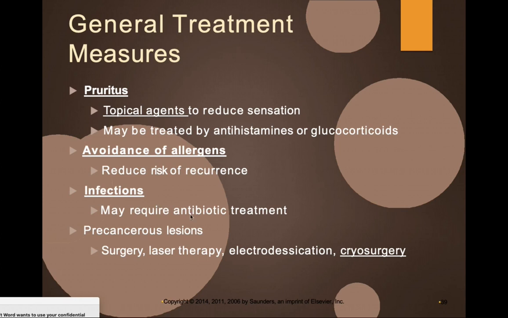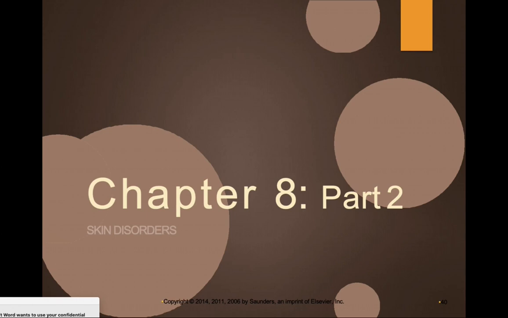If it's an infection, then it's going to require an antibiotic. If it's a precancerous skin lesion, it's going to be surgery. Today they do lasers, which is just unbelievable work with lasers, electrodesiccation, and even cryosurgery. Cryo means cold or ice.